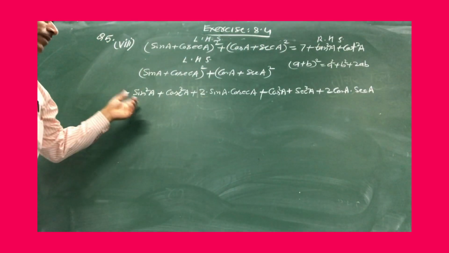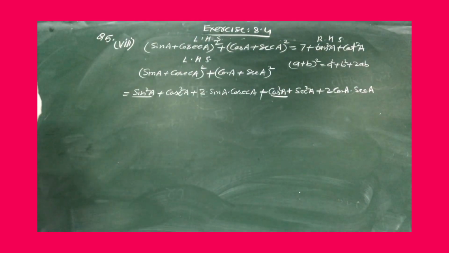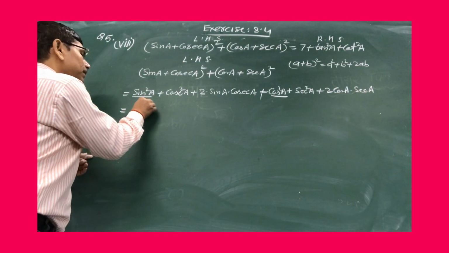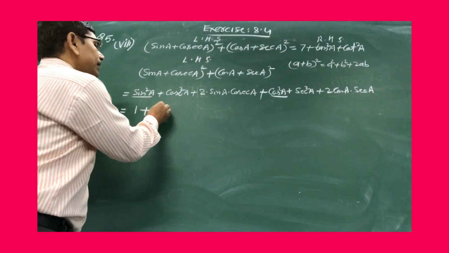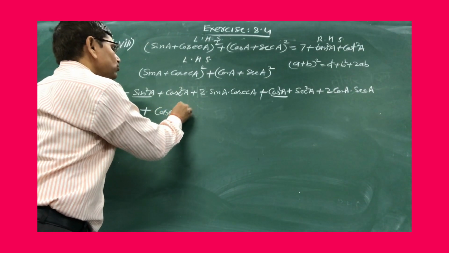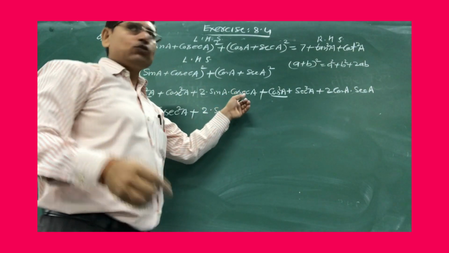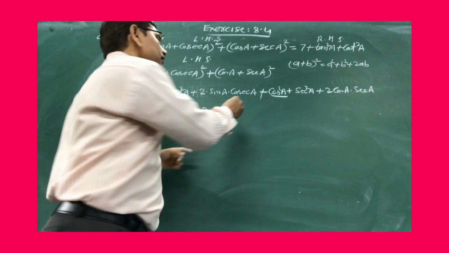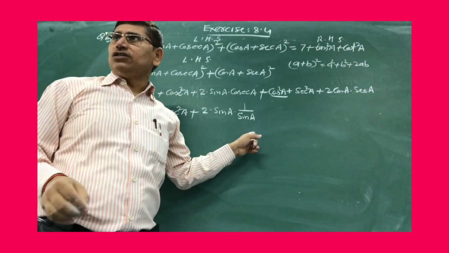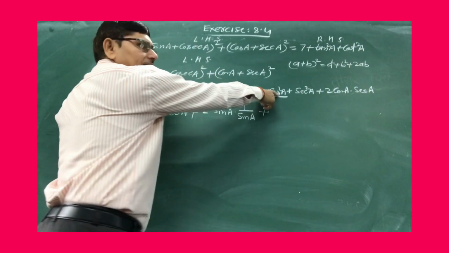Okay. So dear, once again try to understand, sin square A plus cos square A is 1. You know the identity sin square A plus cos square A equal to 1. So you will write here 1 plus cosec square A, and the same to same, plus 2 sin A and cosec A, where cosec A equal to 1 upon sin A. Use here the second identity, cosec A equal to 1 upon sin A. So in this place you will write 1 upon sin A, and then cos square plus sin square is already 1.